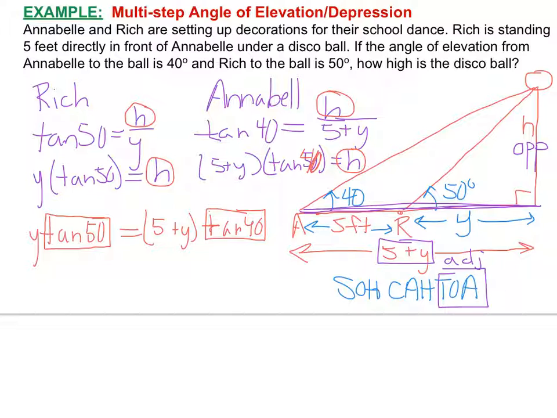So now we have something that's equal to each other, and now we only have one variable. I'm going to move to the next slide so that we can work with this problem a little bit more.